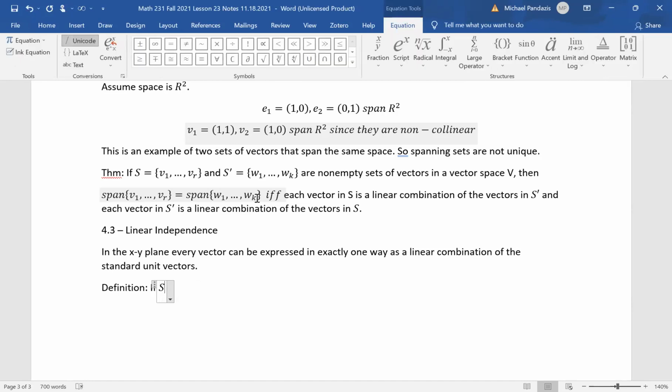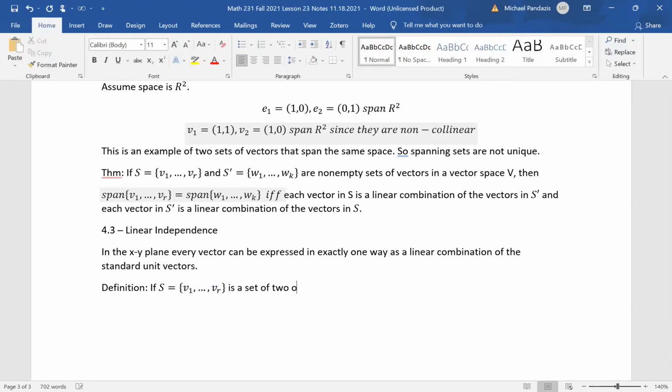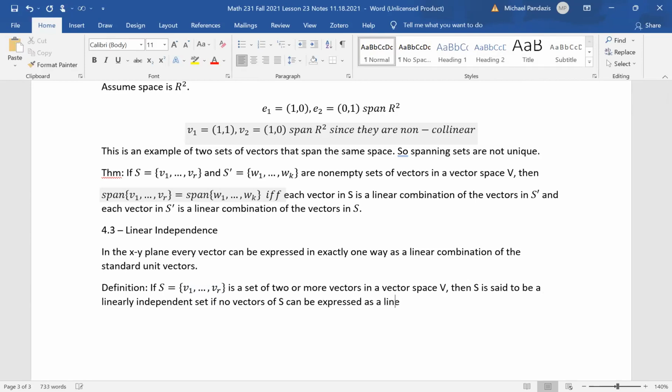Definition: if S is equal to the set {V1, ..., Vr} is a set of two or more vectors in vector space capital V, then capital S is said to be a linearly independent set if no vector of capital S can be expressed as a linear combination of the other vectors in set capital S.